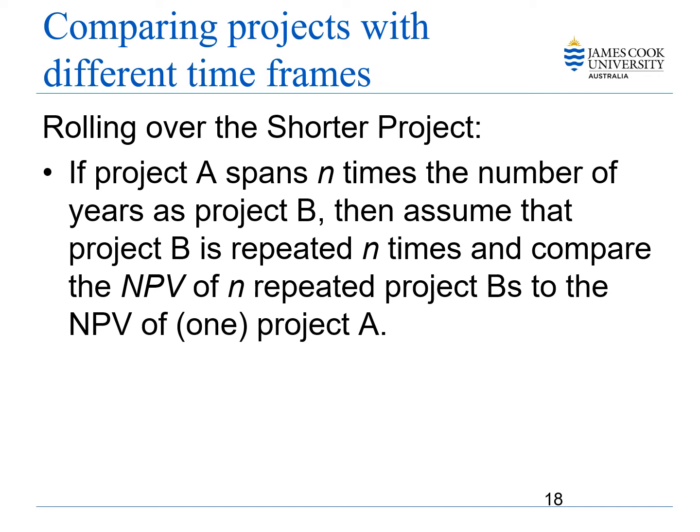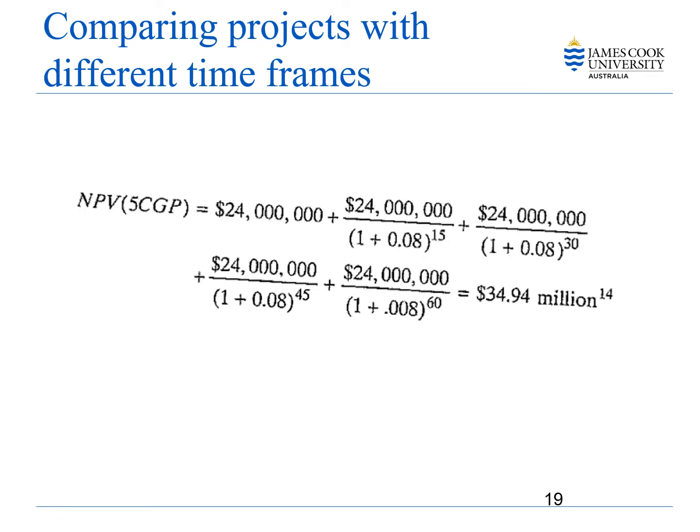So if project A spans n times the number of years as project B, then assume that project B is repeated n times and compare the NPV of these n repeated projects to the NPV of one project A.